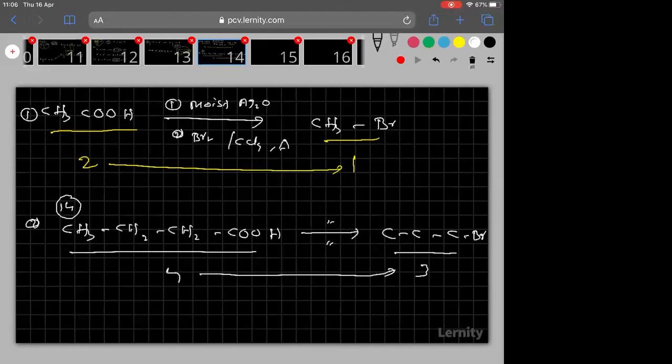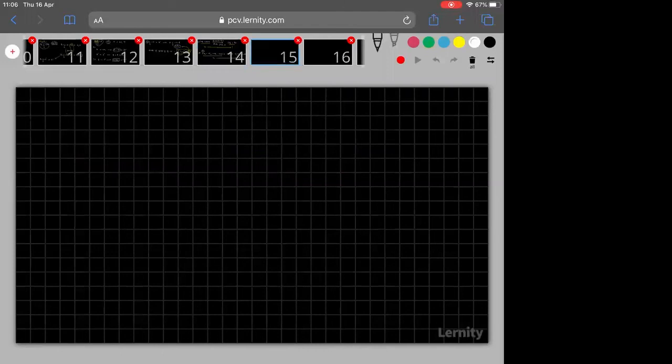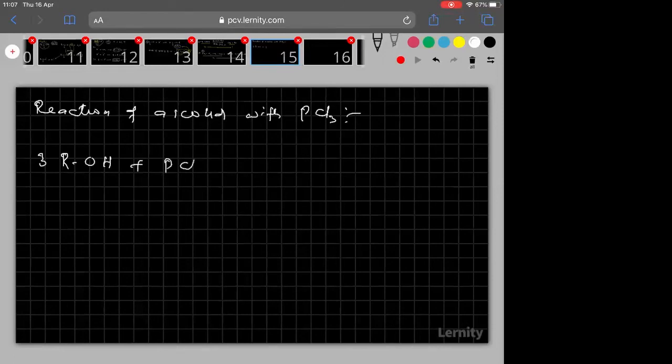Clear? Now, next one. Next preparation method is the reaction of alcohol with PCl3, phosphorus trichloride. See clearly here. 3 moles of alcohol when treated with PCl3, then you will get 3 moles of RCl, chloroalkane.